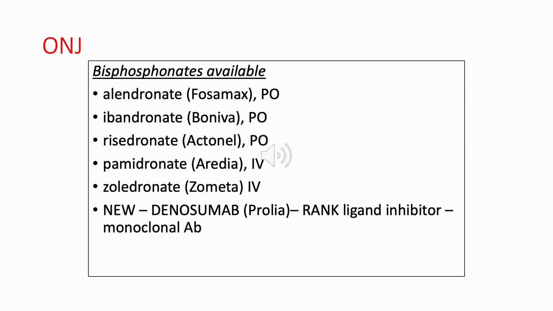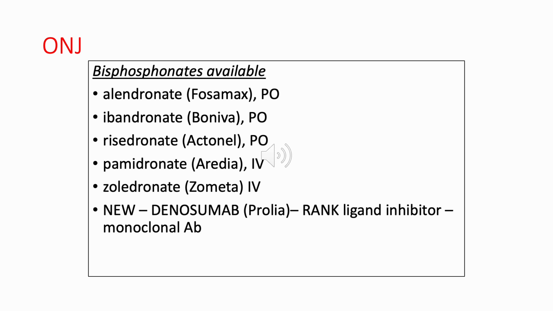Some of the medications to be aware of in your patient's med history would be things like alendronate or Fosamax, which is taken orally; ibandronate or Boniva, which is also taken orally; risedronate, Actonel, very common, also taken orally. Some of the IV ones are pamidronate, also known as Aredia, and zoledronate, also known as Zometa.